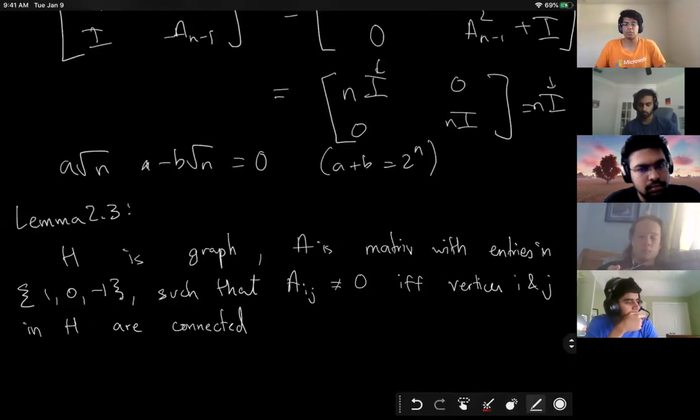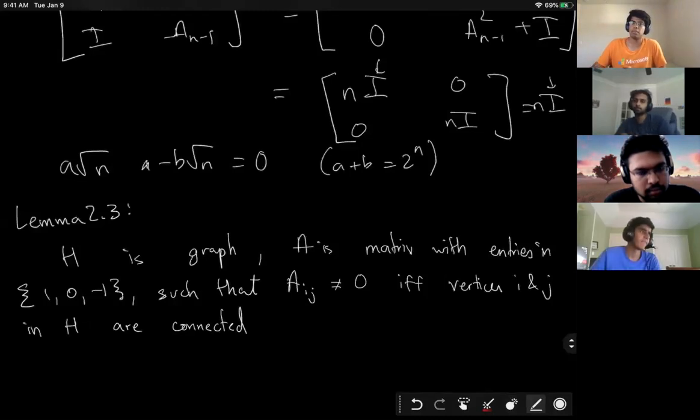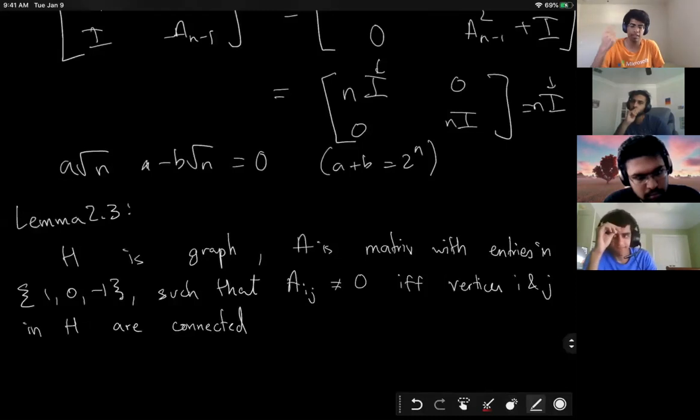So this is almost the adjacency matrix, except that you can also have a -1 in the entry. It doesn't just have to be a 1. It could be a 1 or a -1.